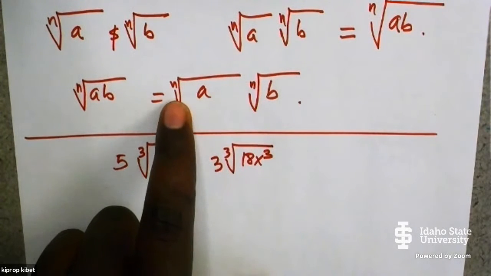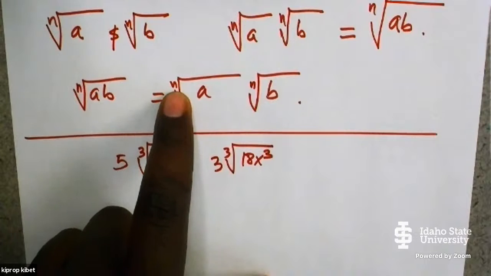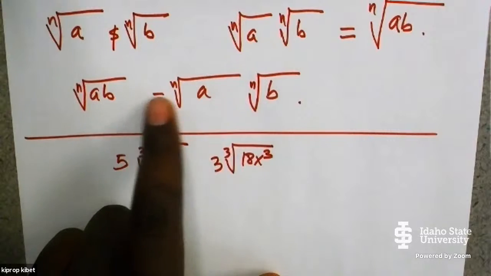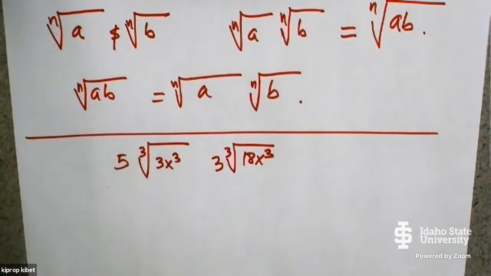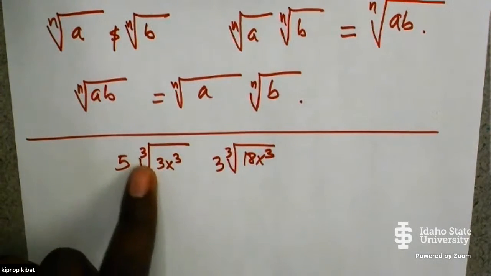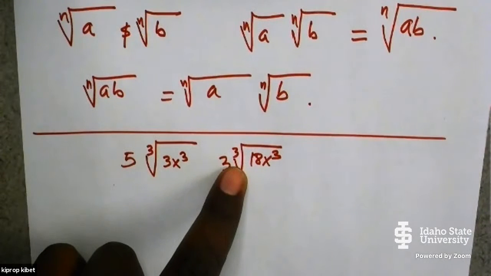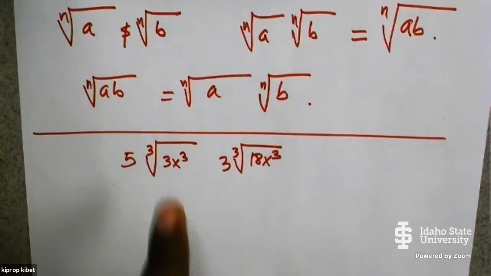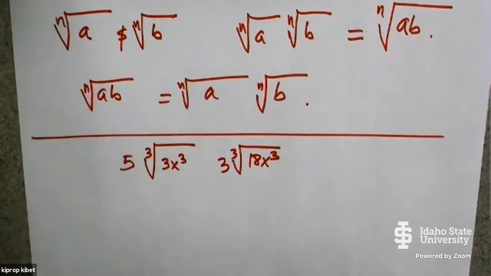This nth root is also an nth root, so they're the same. It should not be like one is cube and the other is square, because then it cannot multiply. If one is cube and one is square, you just leave it like that. It will not multiply.